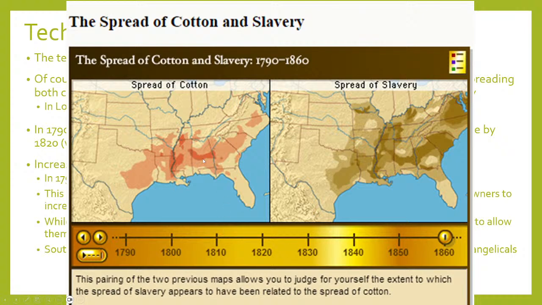So this region right here in Alabama, this darker band, has a heavy concentration of cotton and a heavy concentration of slaves.